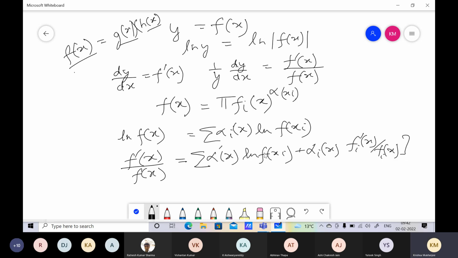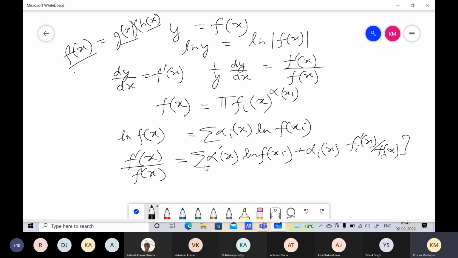Does this make sense? Yes. And then we can take this thing outside and solve it. I want you to solve this, but I will not proceed too much with this. This is just obvious algebra and differentiation.